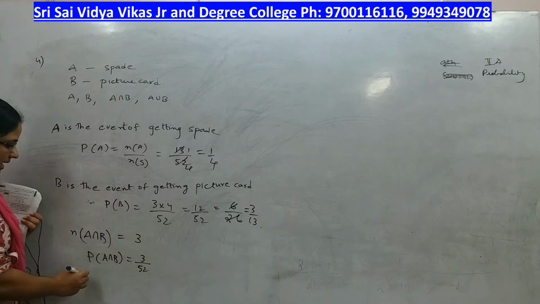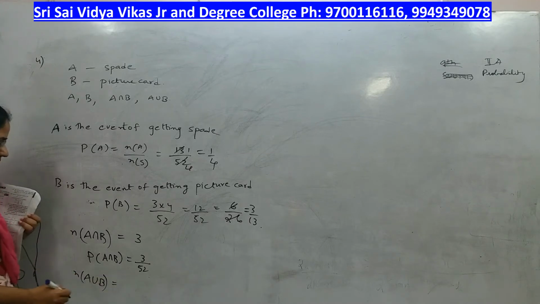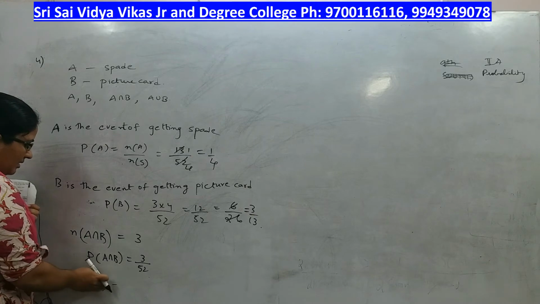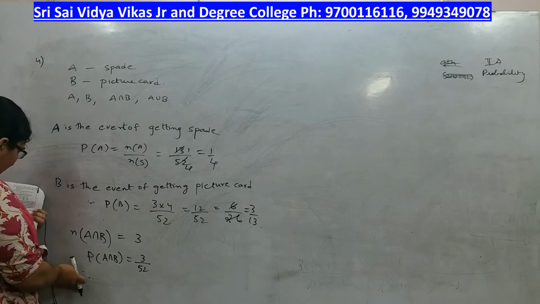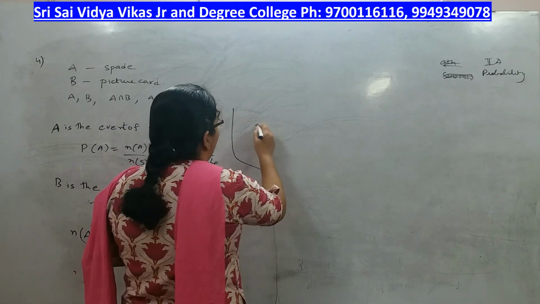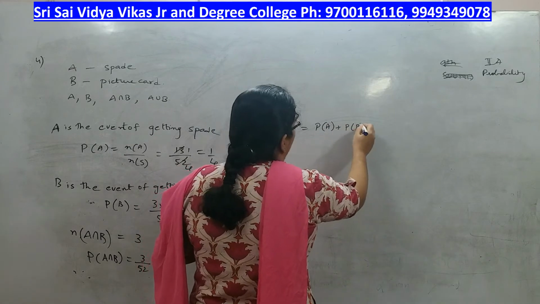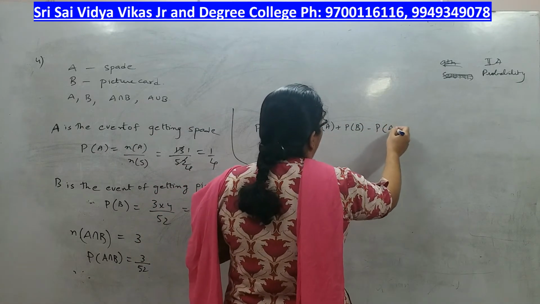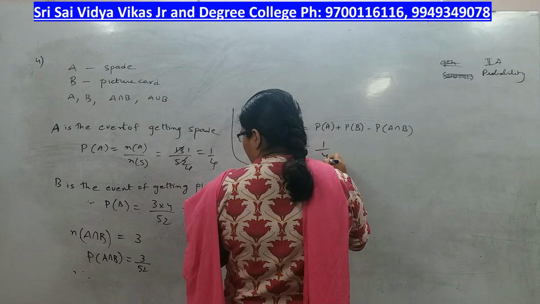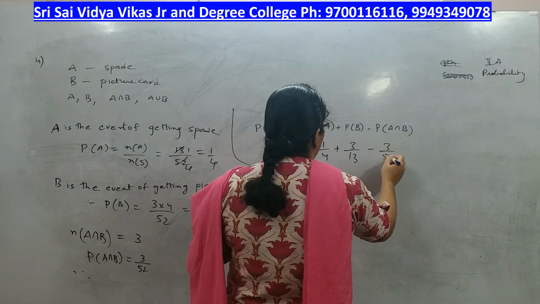Okay, and P of A union B. You can find P of A union B is equal to P of A plus P of B minus P of A intersection B, that is 1 by 4 plus 3 by 13 minus 3 by 52.